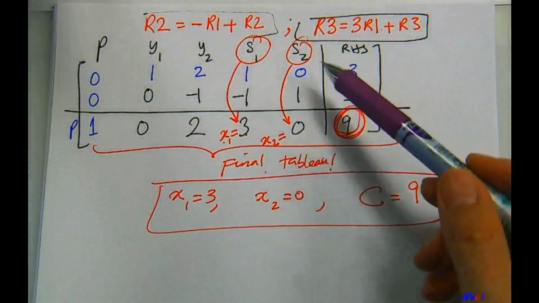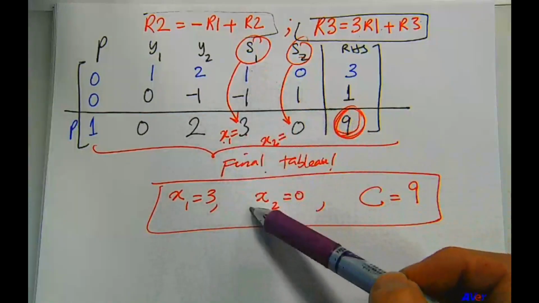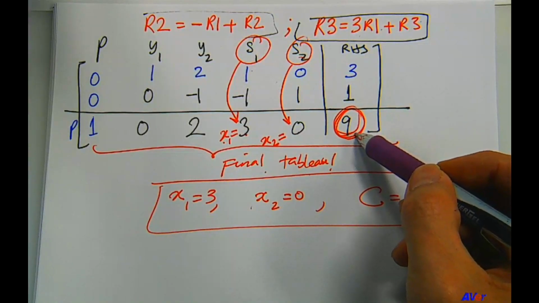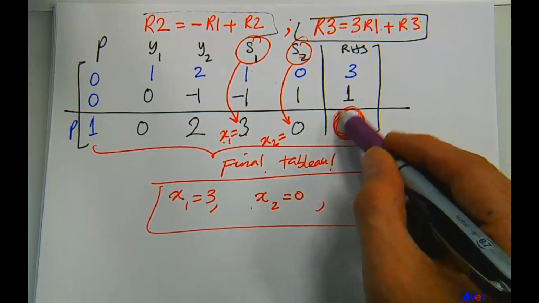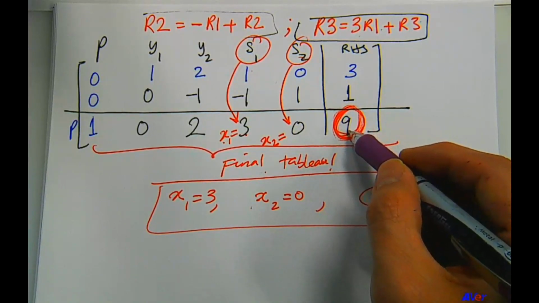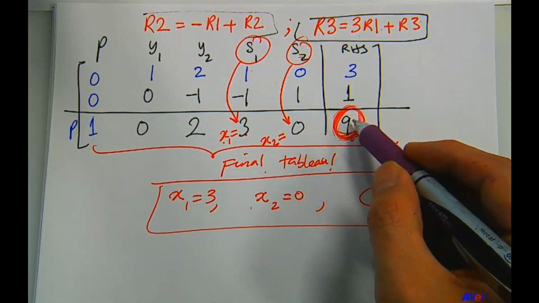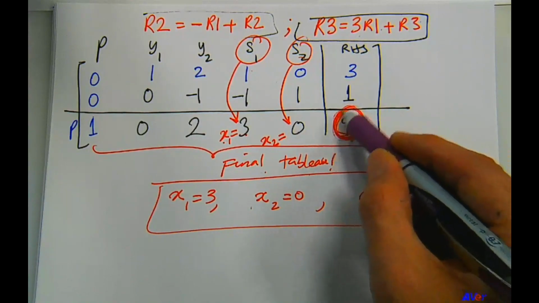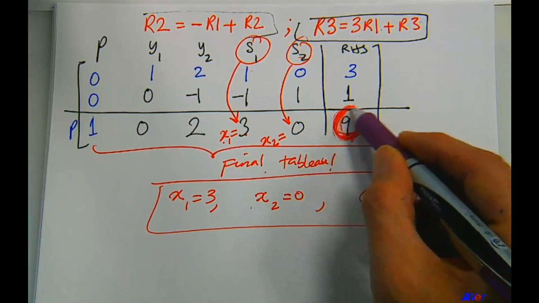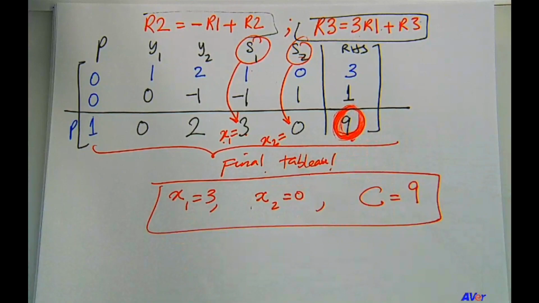So the interpretation of the slack variables is different, but the value of the objective function at minimum is still found in this corner. This was the case for the maximum problem as well. Remember that? So for the minimum problem, the value of the objective function at minimum is also obtained in this corner, which is that.